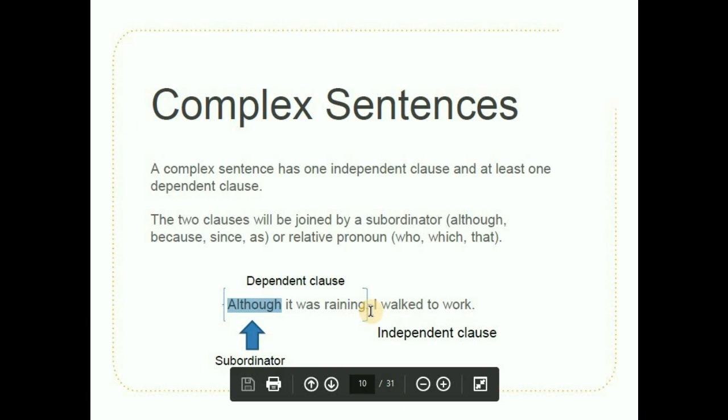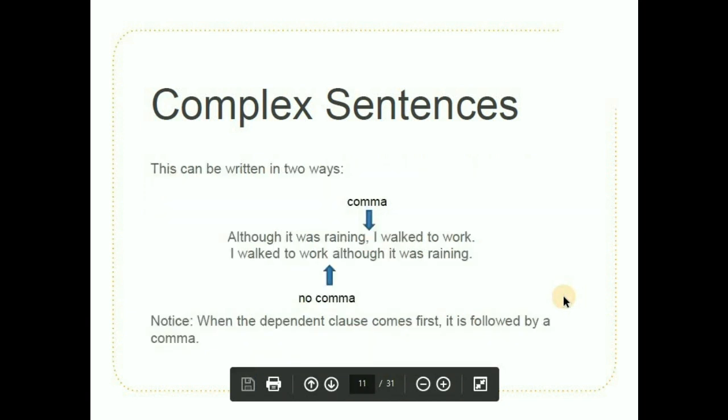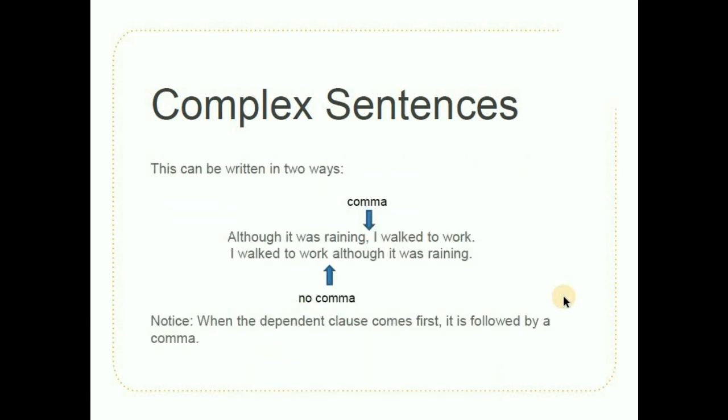You can't see it so well here, but there is a comma in the middle, and I will explain that in a moment. Now, when we have a complex sentence, we can write it in one of 2 ways. We can put the dependent clause first, then a comma, then the independent clause. Or we can do it the other way around, independent clause and dependent clause, with no comma.